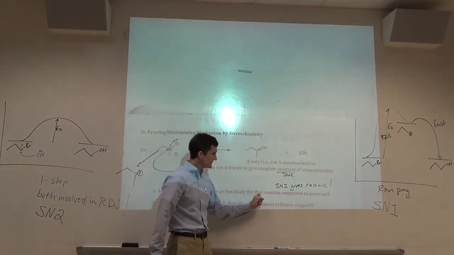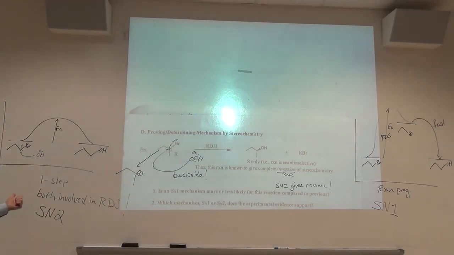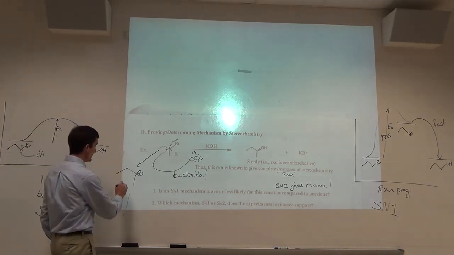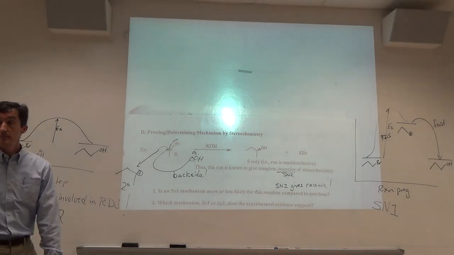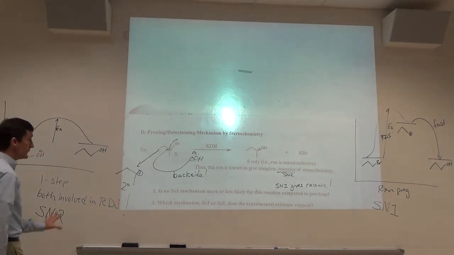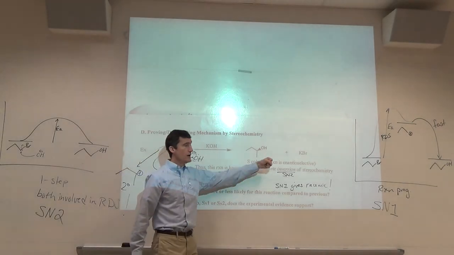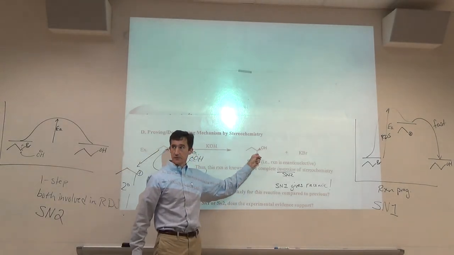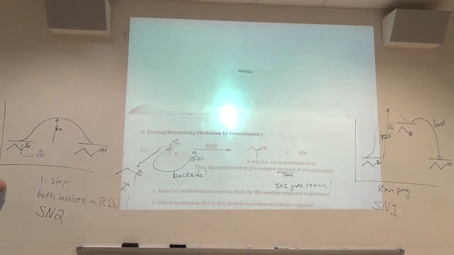Is that more or less likely than the previous reaction? In the previous reaction we showed a primary cation upon ionization. Now we're showing a secondary. This is more likely to be SN1. But how do we know it's still SN2? Because we got inversion. It must be SN2. Stereochemistry is used to predict mechanism.